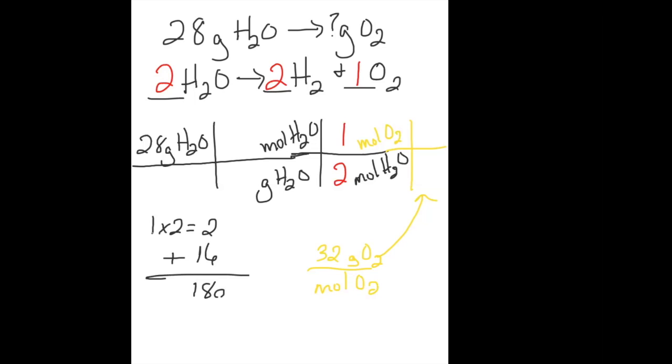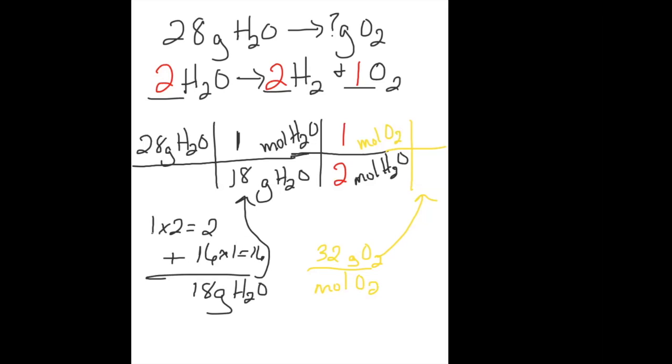So the formula mass of water is approximately 18 grams. Now remember, this is 16 times 1, which is equal to 16. So 18 grams goes here, and remember, 1 mole of any substance is equal to its atomic mass or its formula mass. So 1 mole goes up here. So now I just need to calculate.